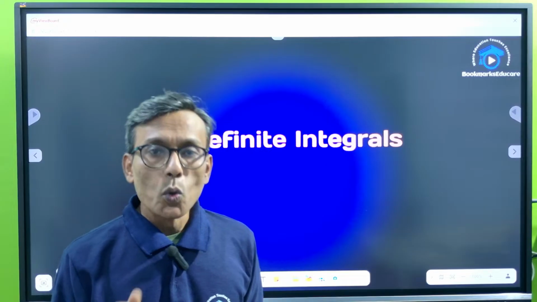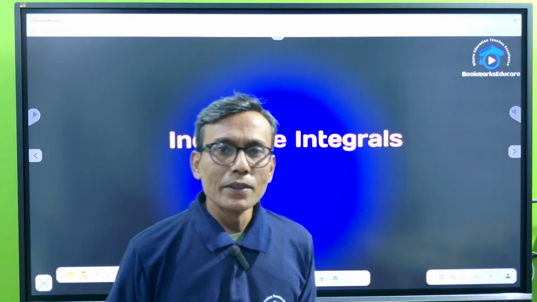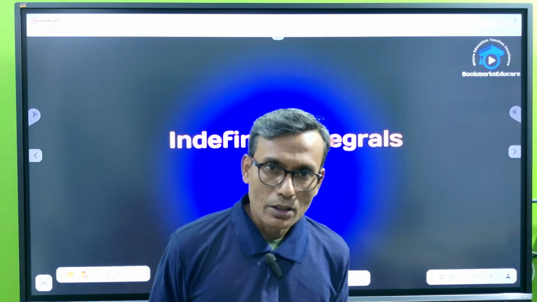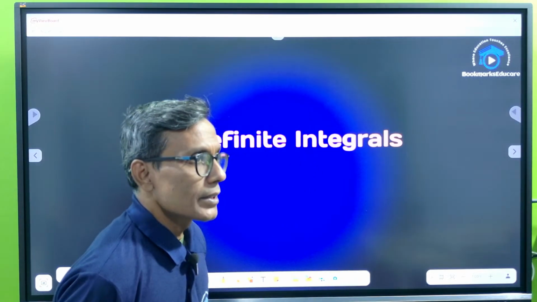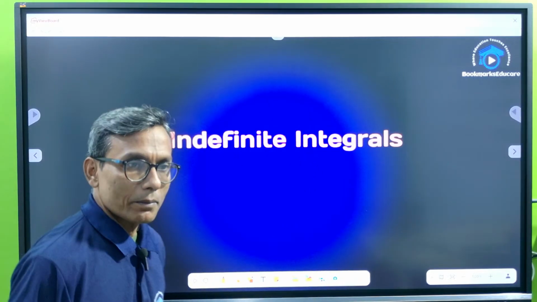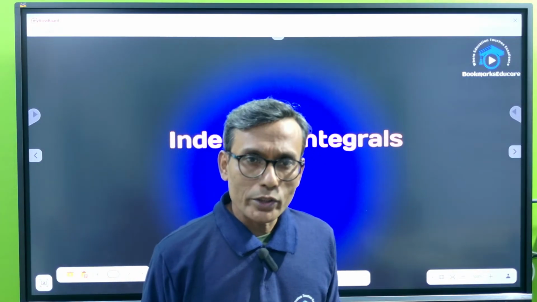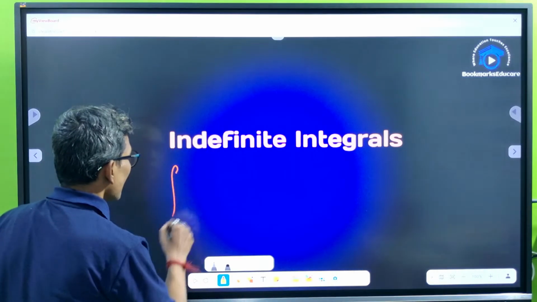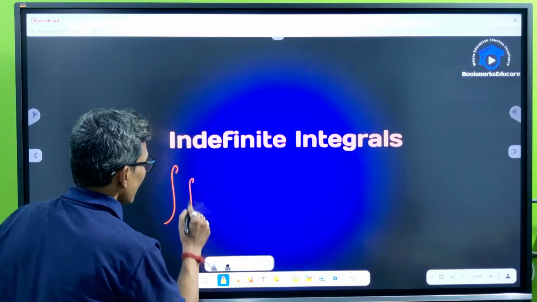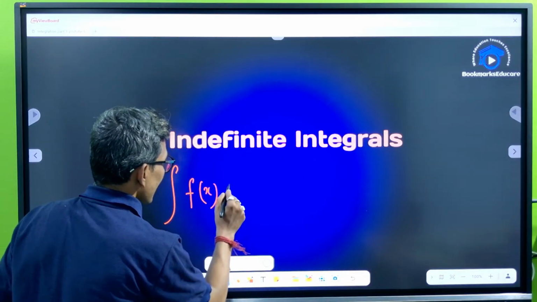whose derivative is a given function, and it is denoted by the integral of f of x dx.